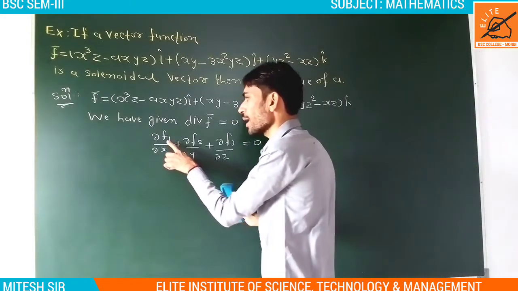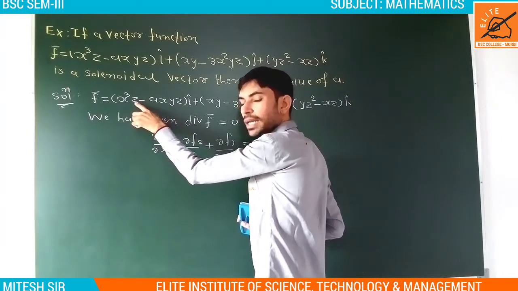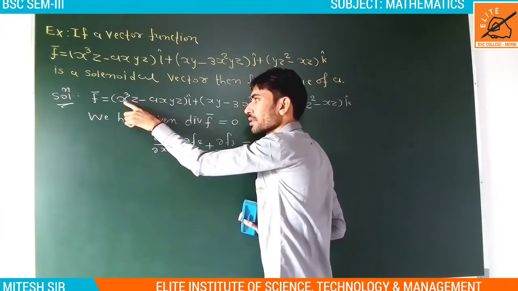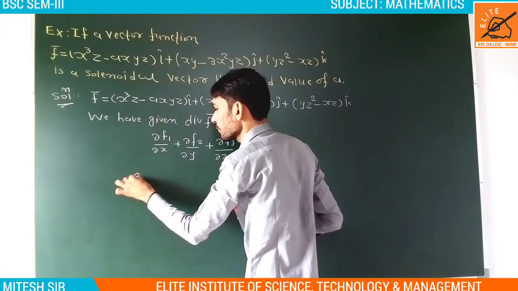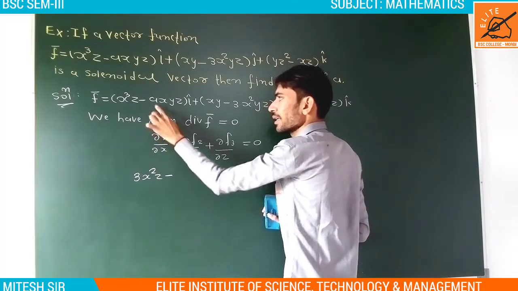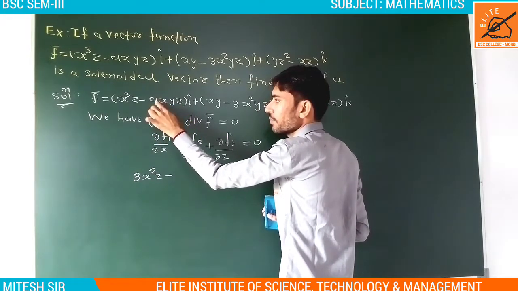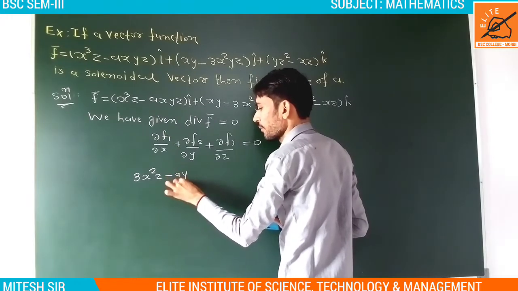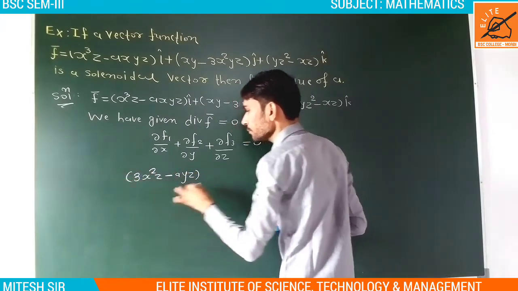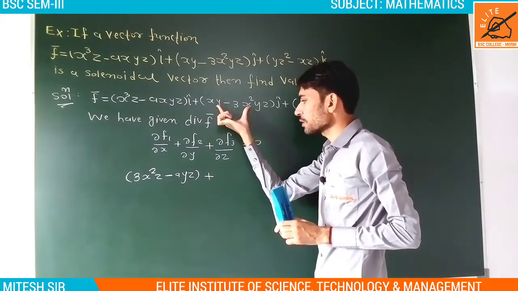So here we do the partial derivative of f1 with respect to x, means the partial derivative of the first term with respect to x. The derivative of x cube z gives 3x square z, minus axyz with respect to x gives 1 for x, here ayz remains, so ayz. Plus now we do the partial derivative of the f2 term with respect to y.